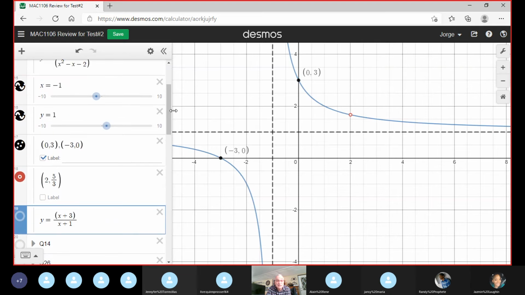And the original, yes. And so you type in here the point, 2, something. How do you find the something? 1 or 2, you evaluate 2 in this. 2 plus 3 is 5, and 2 plus 1 is 3. It's 5 over 3. It's the point that corresponds in the simplified. However, I know that in the original it is 2, undefined.